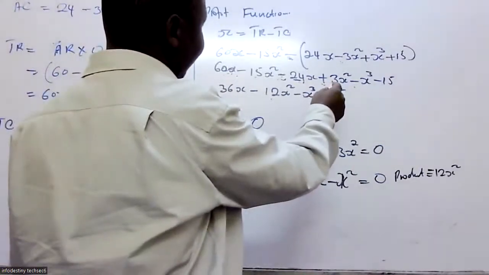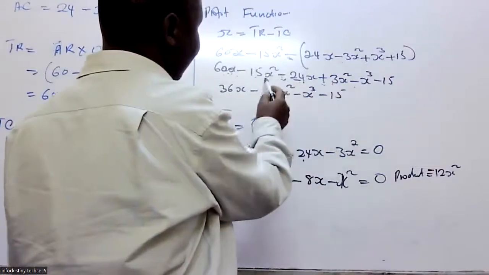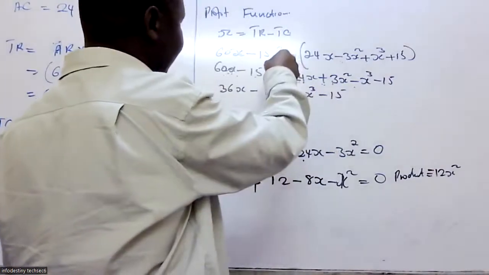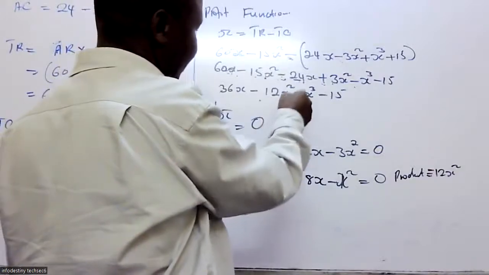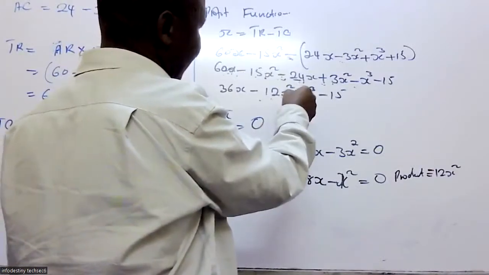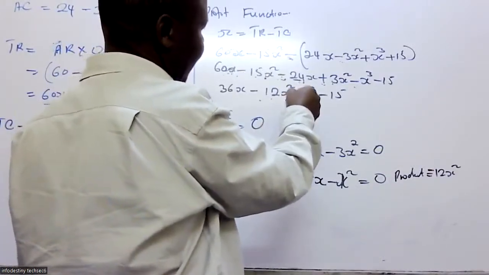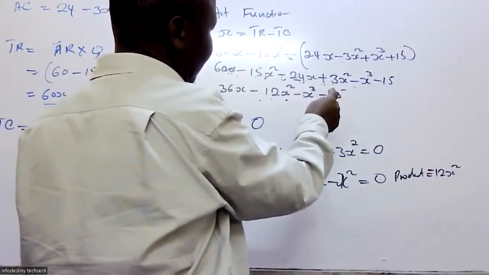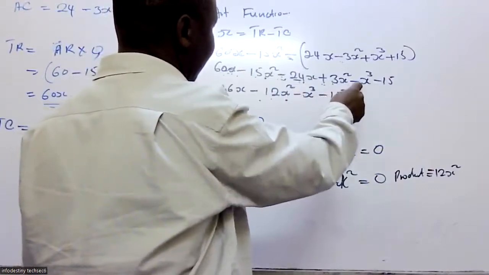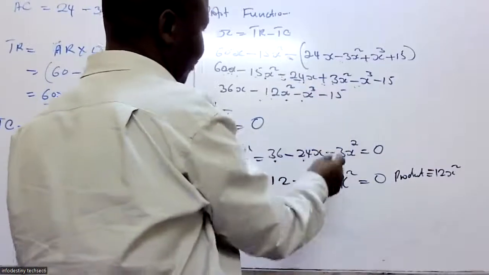This is negative, and this is negative to give us negative 12x squared. Okay, this is negative 8.